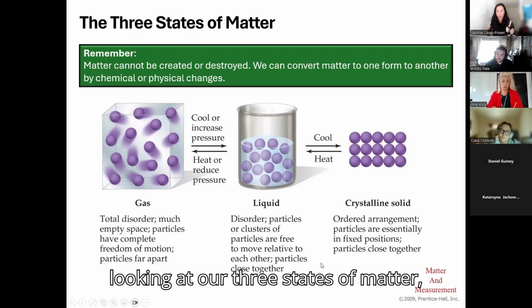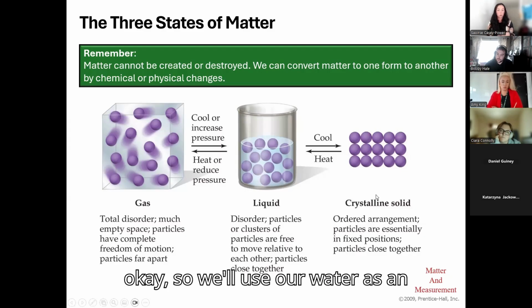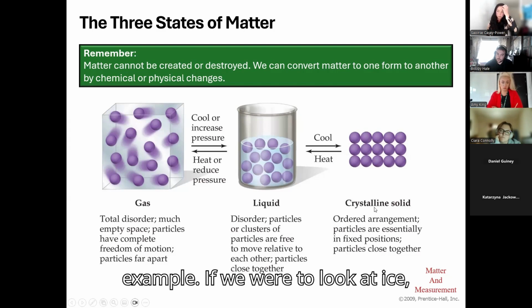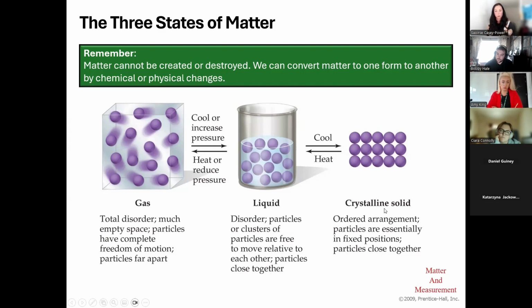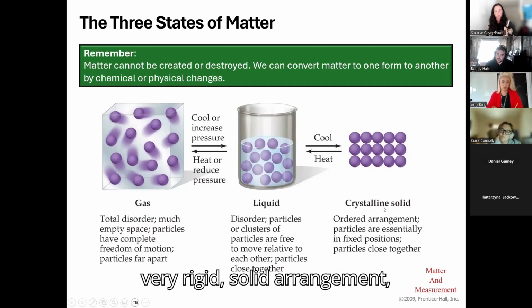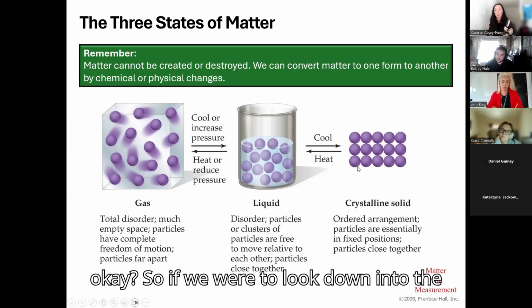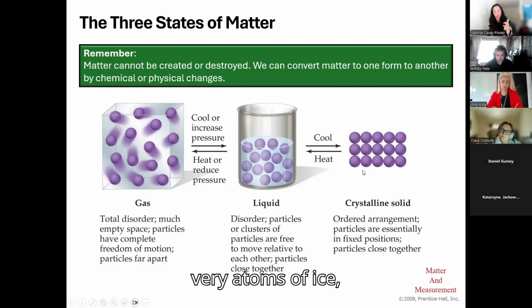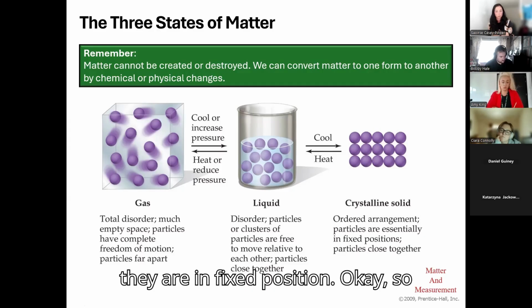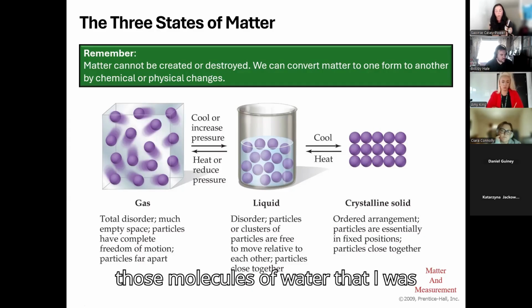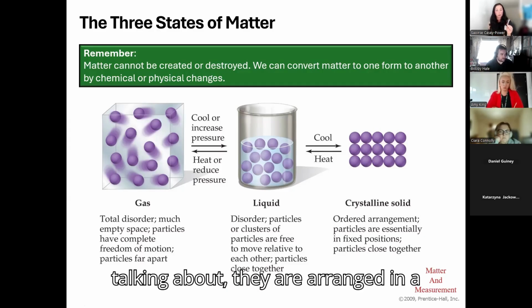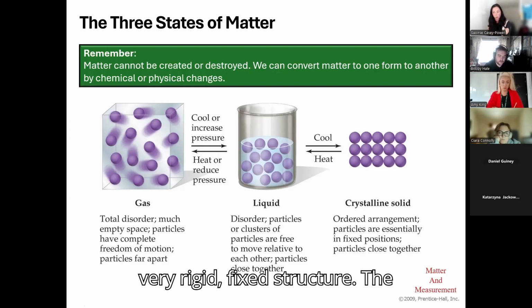So looking at our 3 states of matter, we'll use our water as an example. If we were to look at ice, ice is organized in a very rigid, solid arrangement. If we were to look down into the very atoms of ice, they are in fixed position. Those molecules of water that I was talking about are arranged in a very rigid fixed structure.